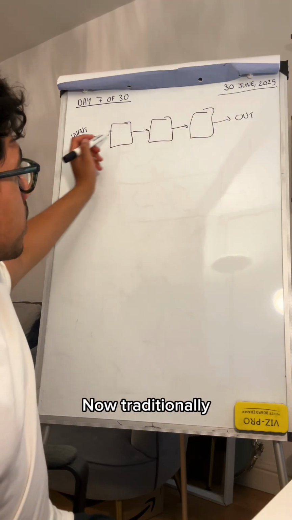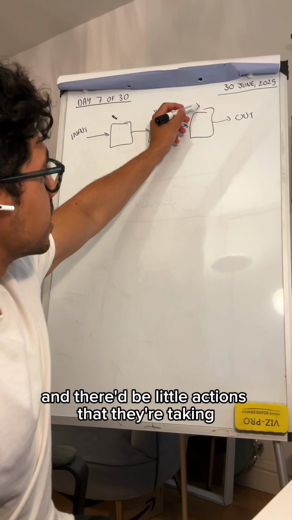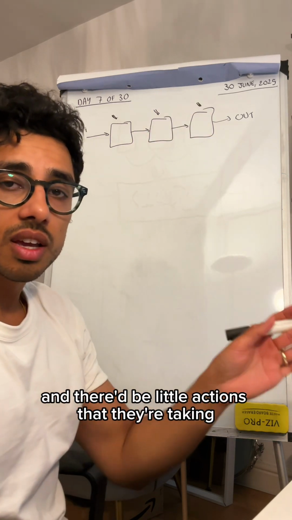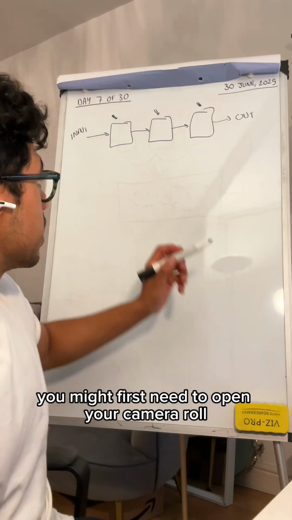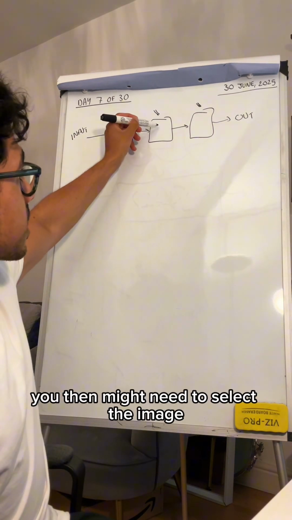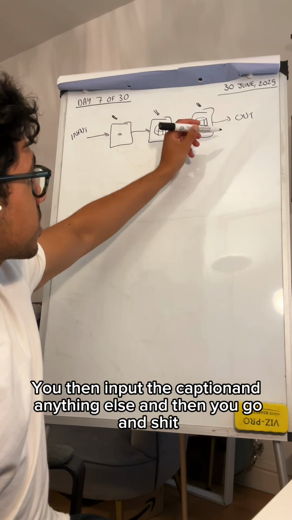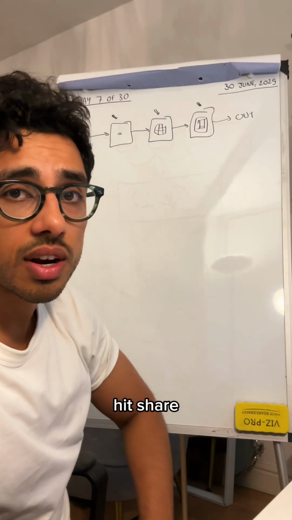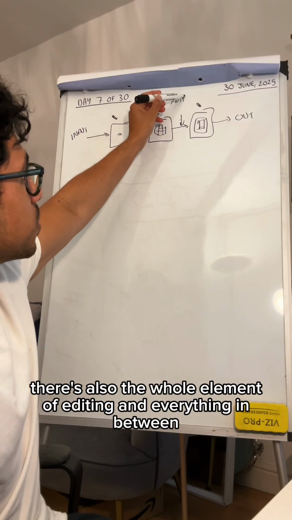Now, traditionally, a user would have to input certain things here, and there'd be little actions that they're taking throughout the process. If you think of uploading a photo to Instagram, you might first need to open your camera roll, you then might need to select the image, you then input the caption and anything else, and then you go and hit share. Now, of course, there's also the whole element of editing and everything in between here.